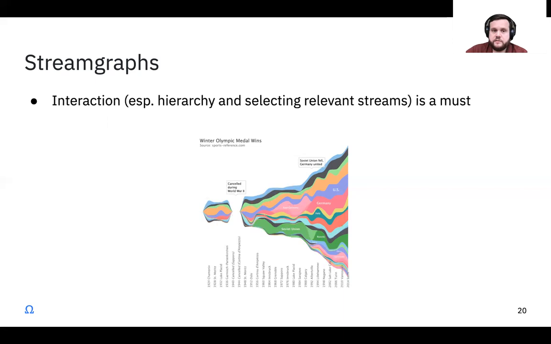And interaction, especially topical hierarchy and selecting relevant streams, is a must here. In static terms this is not such a useful plot. We're going to see later, when you actually add interactions, there are going to be a couple of screenshots, it's much better with interaction. The nice property about the y-axis being meaningless in the absolute positioning sense is that it makes the positions of these streams arbitrary.